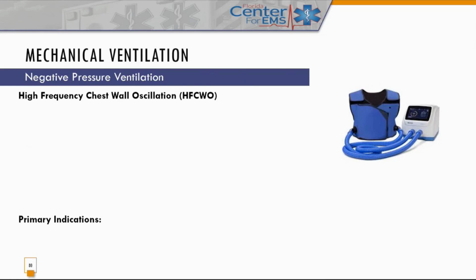So, high frequency oscillation. This could be somebody that you're transporting, generally like a cystic fibrosis patient, where they get a lot of thick mucus that you have to try to break up. So they do these chest wall oscillations. There's actually a company called ABM that makes two devices.